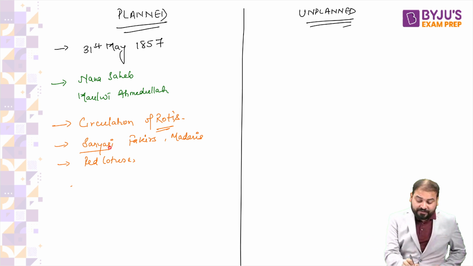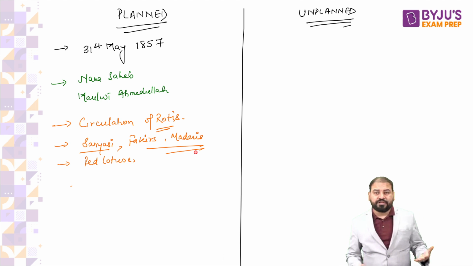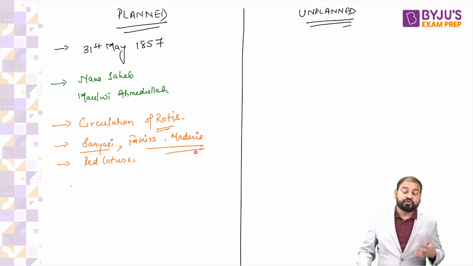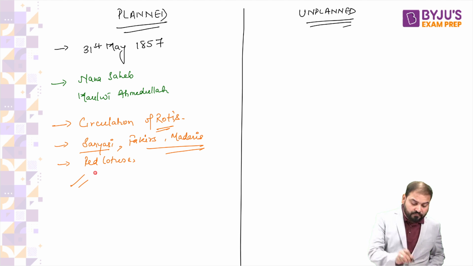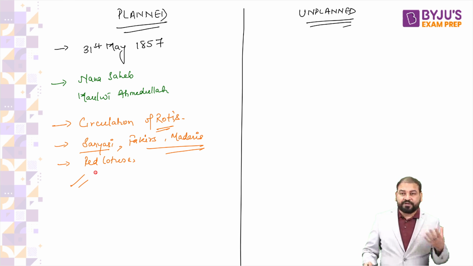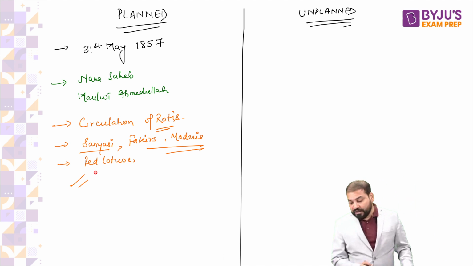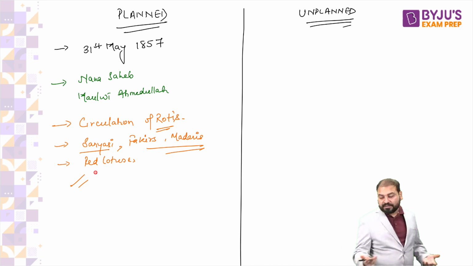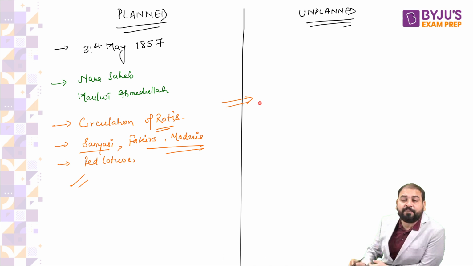These sannyasis, fakirs, madaris, they were doing all these things which might show that there was some planning. And as symbols, red lotuses were being passed on from one hand to the other. Roti means chapati.